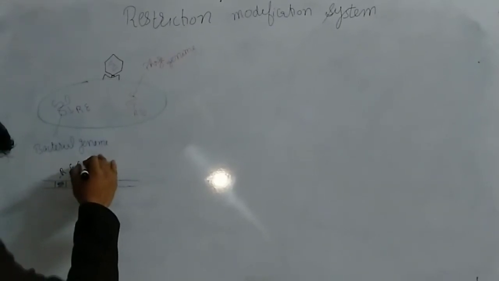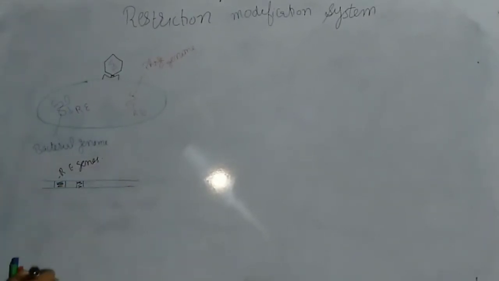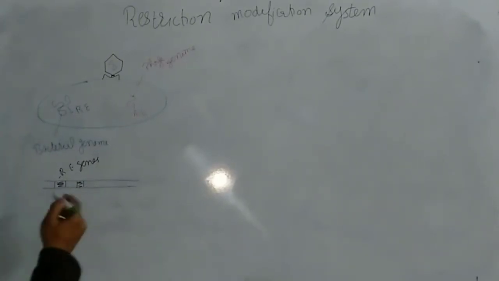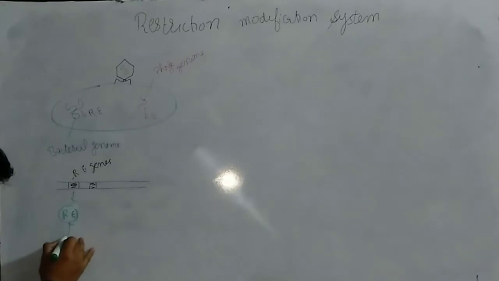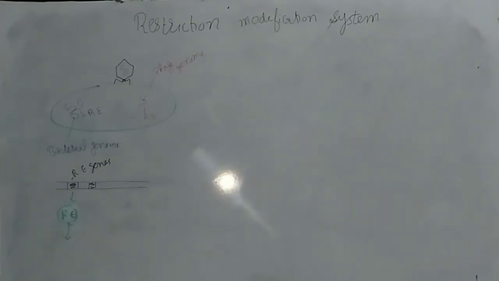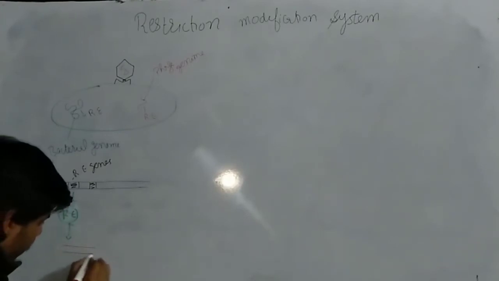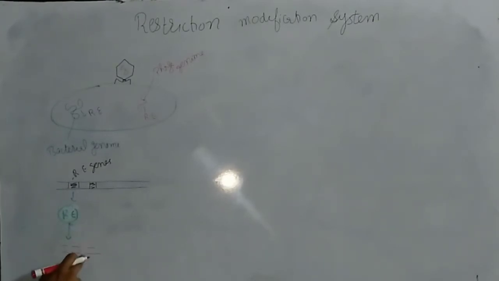From these genes, it can produce restriction enzymes. Let's say this red one is the foreign DNA. So it will cleave the foreign DNA, as you can see. Degrade.